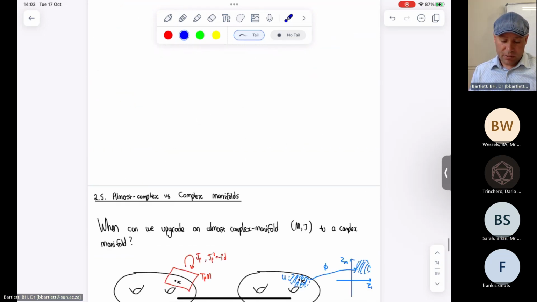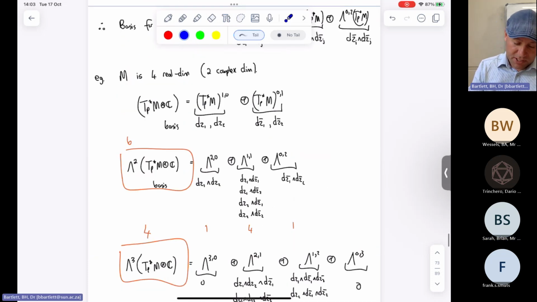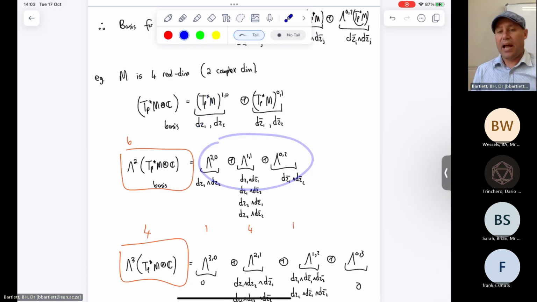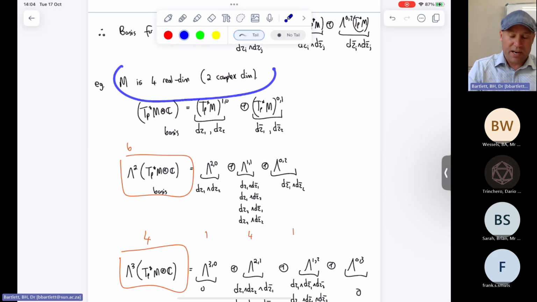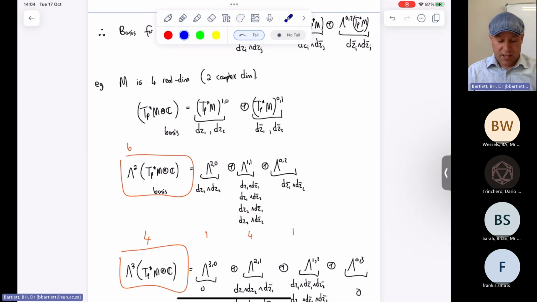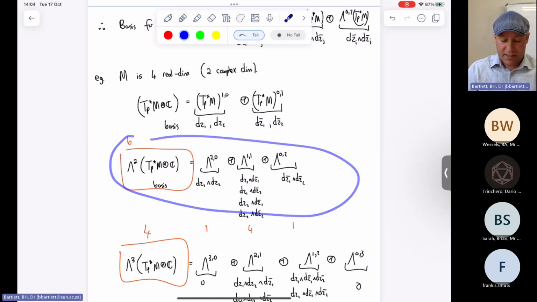So what we found was that if you look at the top exterior power of the complexified cotangent space, then it's going to split into these A, B components, right? So here we're looking at a four-dimensional real manifold, which had an almost complex structure on it. And for example, the two forms locally were looking like this.